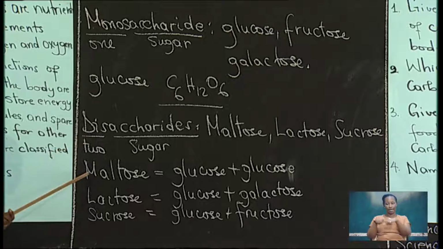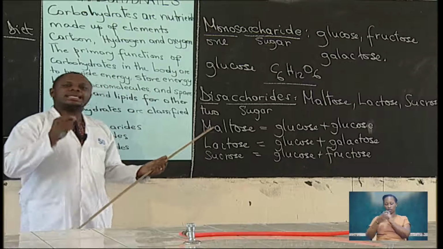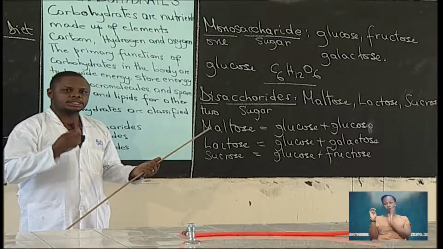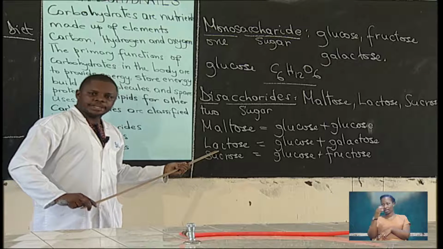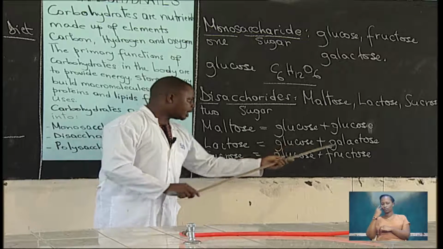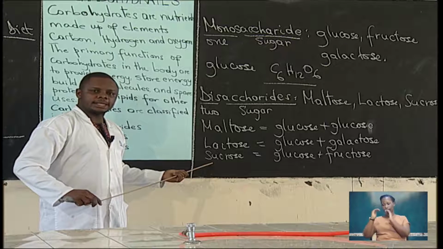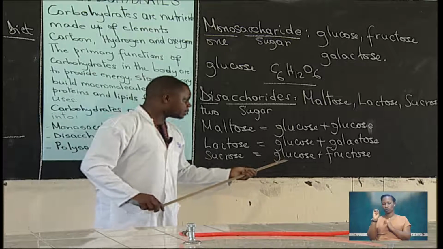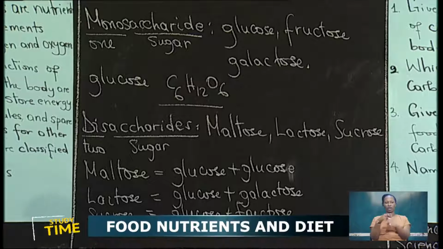These are disaccharide sugars because they are formed from two monosaccharide sugars, which means maltose is a disaccharide because it is formed from glucose and glucose. Lactose we find in breast milk is a disaccharide sugar because it is formed from glucose and galactose. Sucrose we find in sugarcane is a disaccharide because it is formed from glucose and fructose by the process called condensation, or we can say by loss of water.